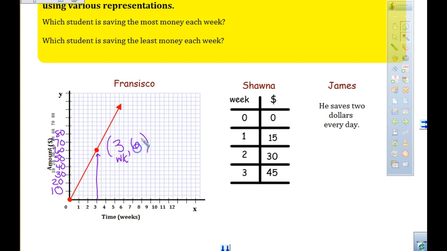And 60 is our dollars, right? If you know that you made $60 in 3 weeks, can you figure out how much money you made in 1 week? What would you do? 60 divided by 3, right?